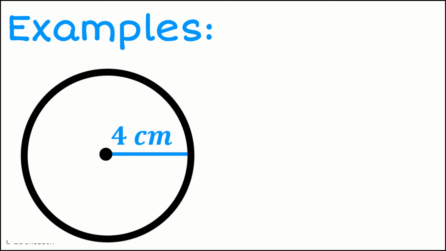So here's our first example. The 4 centimetres that we've got there is my radius, so I don't need to worry about converting my diameter to radius to start with. I can just go ahead with my formula. Area equals pi times the radius squared, so pi times 4 squared.